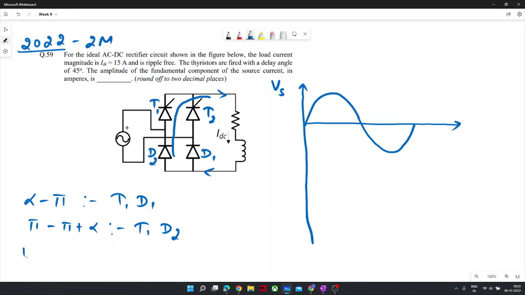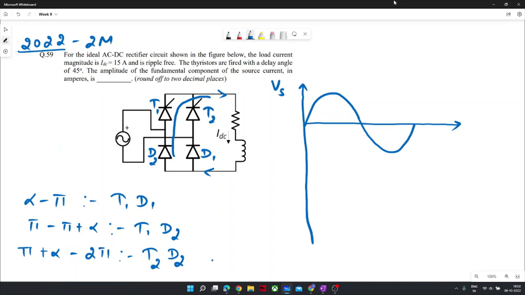After that, from pi plus alpha to 2 pi, at pi plus alpha, T2 will get turned on. So T2 will conduct, and D2 will anyway conduct because it is an uncontrolled switch.